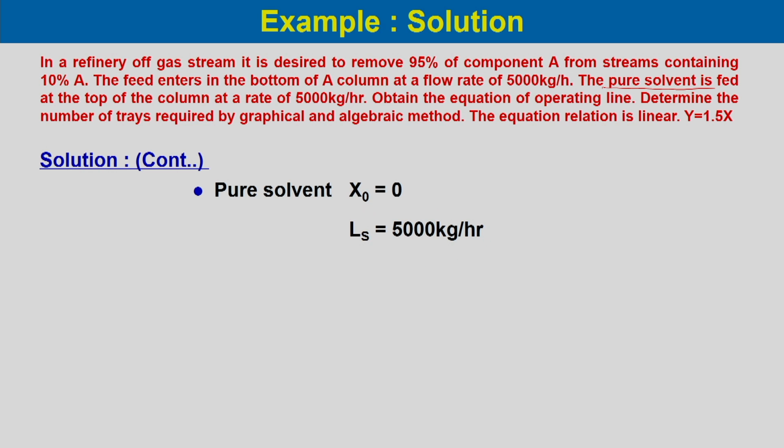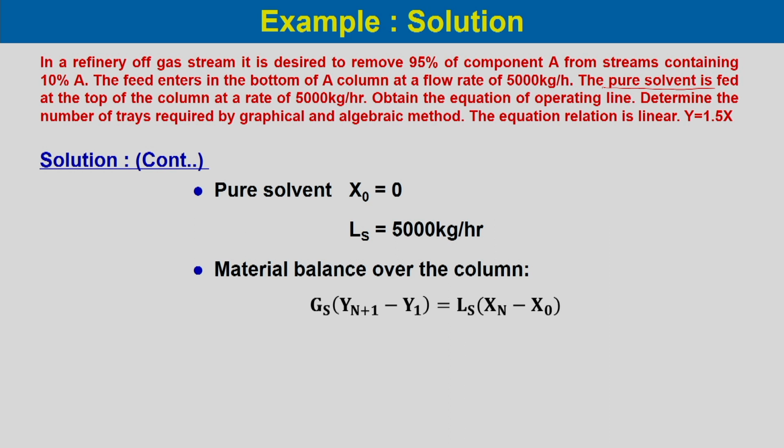Now, the material balance over the column: Gs into y n plus 1 minus y 1 would be equal to Ls into x n minus x naught.